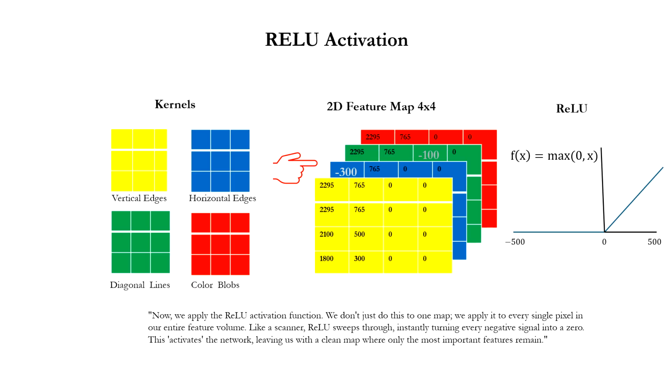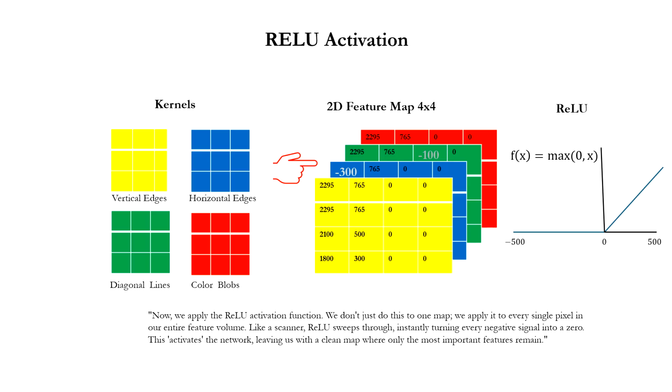Now we apply the ReLU activation function. We don't just do this to one map, we apply it to every single pixel in our entire feature volume. Like a scanner, ReLU sweeps through, instantly turning every negative signal into a 0. It activates the network, leaving us with a clean map where only the most important features remain.